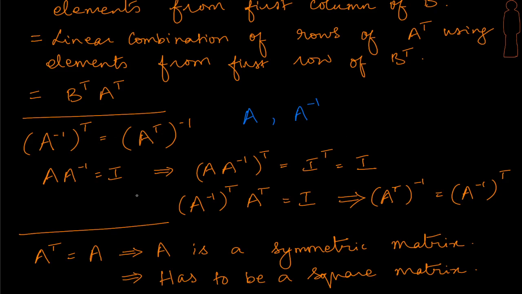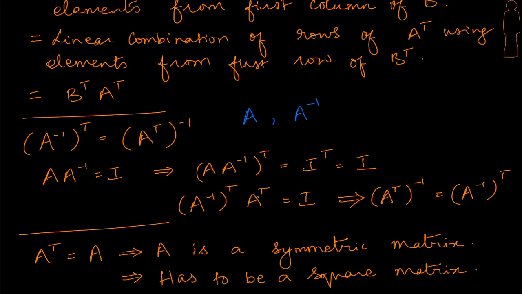Let's try and prove this. We know that A A inverse is equal to I. Apply the transpose on both sides, so this becomes I transpose, which we know is the same identity. For the product transpose, we just saw that it reverses the individual products, and therefore this becomes A inverse transpose times A transpose, and we know that is equal to I. And what does this statement convey to us?